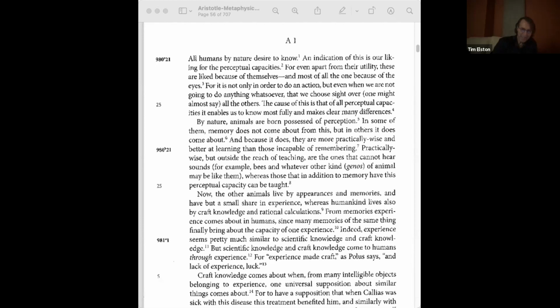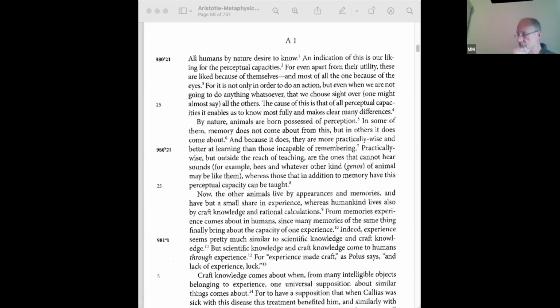I just don't quite get that. I'm not sure if I'm agreeing with him on that, because he says many memories of the same thing finally bring about the capacity of one experience. I don't get how capacity functions in that sentence.